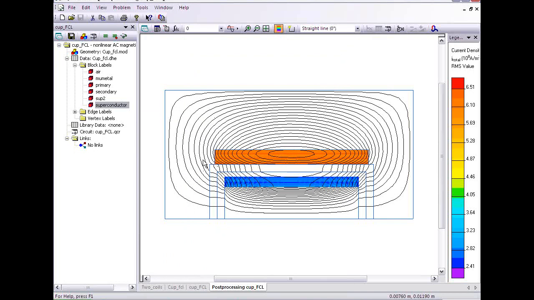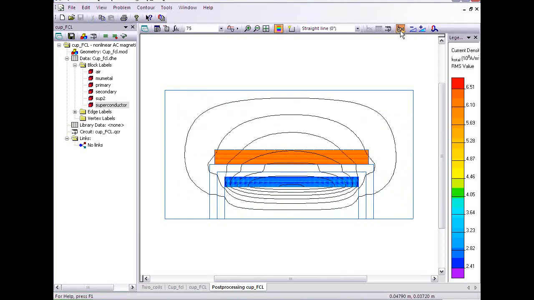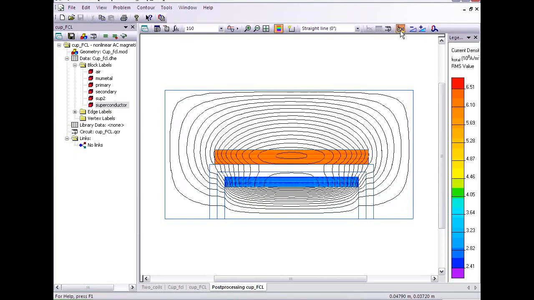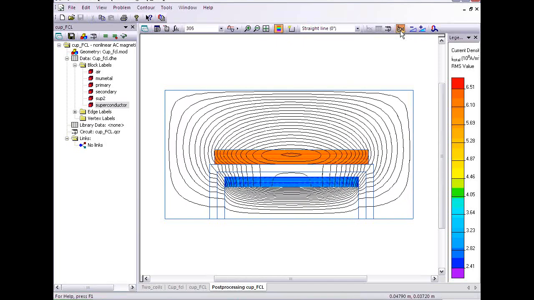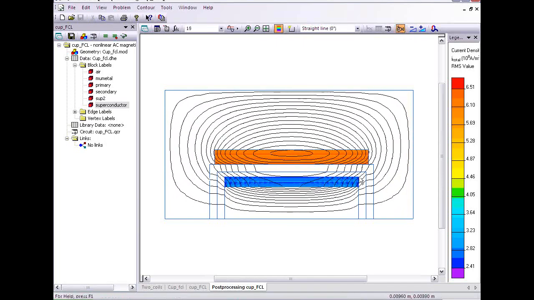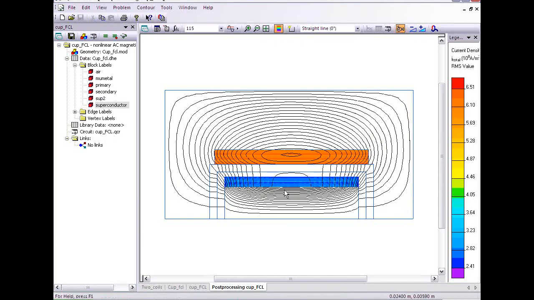And there is some penetration of the field into the superconductor. If we animate the solution here, you can see that during the cycle, some of the field is penetrating through the superconductor, coupling to the secondary coil.